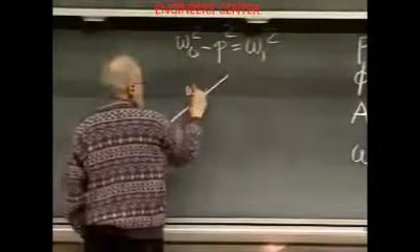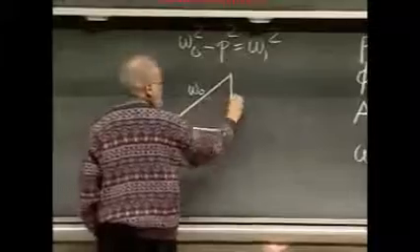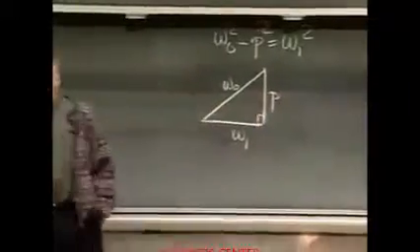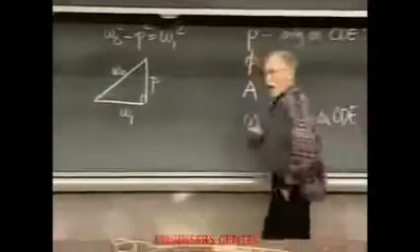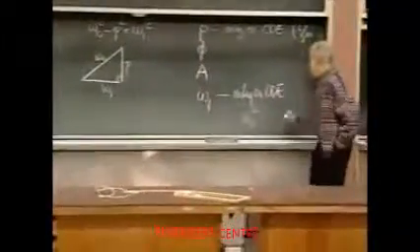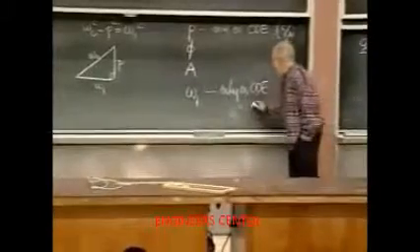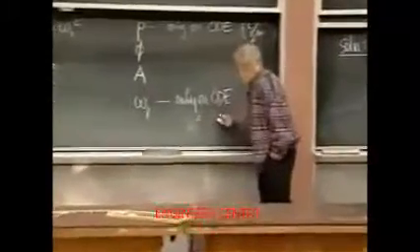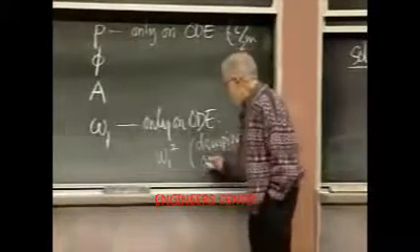If this is omega naught, then this is omega 1, this is p. They make a little right triangle, in other words. The omega 1 depends on the spring, so it depends on the damping, and it depends on the spring constant.